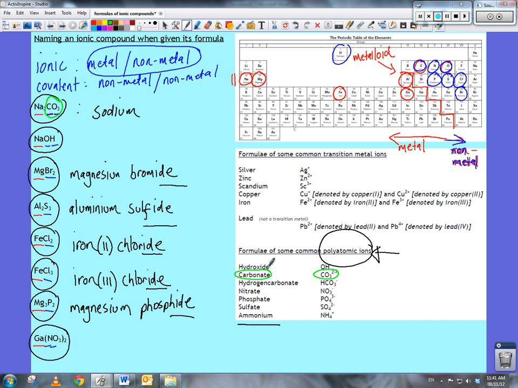So our compound is called sodium carbonate. And you'll notice that this ends the word with an ATE. That indicates that not only is there the carbon, but there is also oxygen in that polyatomic ion.